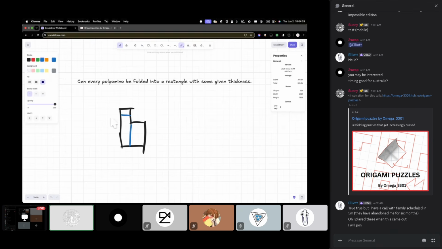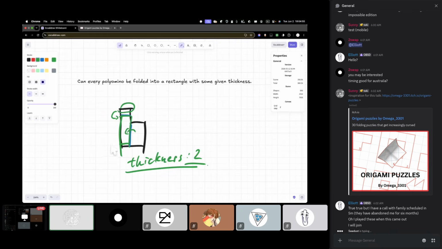And then what you eventually end up having is this new shape, this rectangle, such that the layers fold onto each other, and the new rectangle has a uniform thickness of 2. So the thickness here would be 2. So this satisfies that I have a rectangle and it has some thickness.